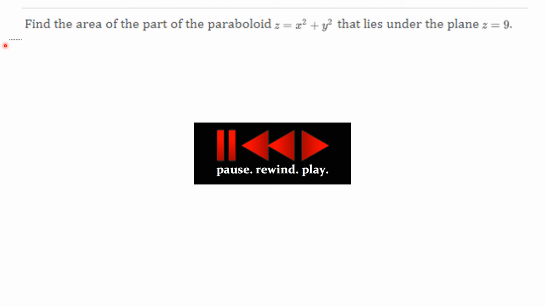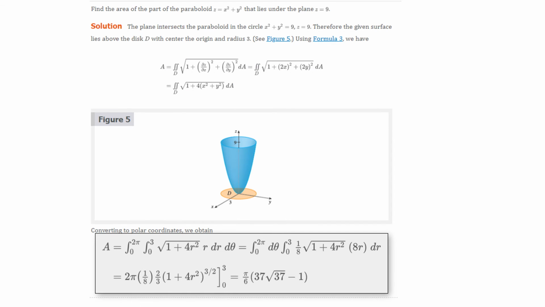Here's another problem for us to try. Find the area of the part of the paraboloid z equals x squared plus y squared that lies under the plane z equals 9. You know what to do. Let's see how you did. Okay, now the plane intersects the paraboloid in the circle x squared plus y squared equals 9 and z equals 9.